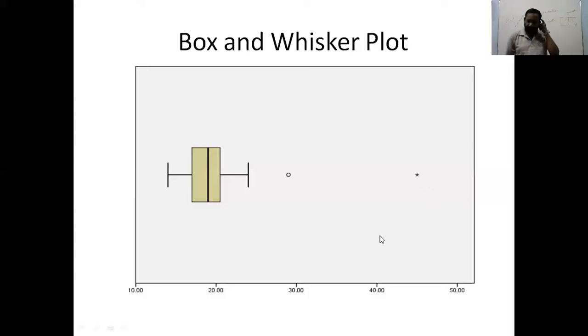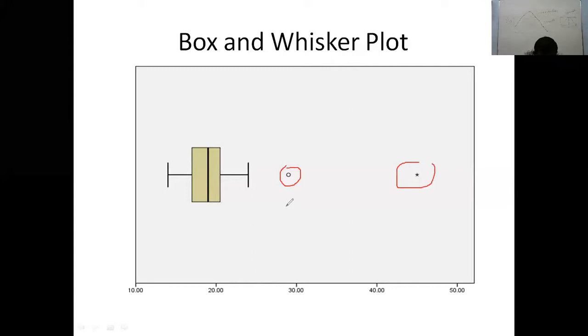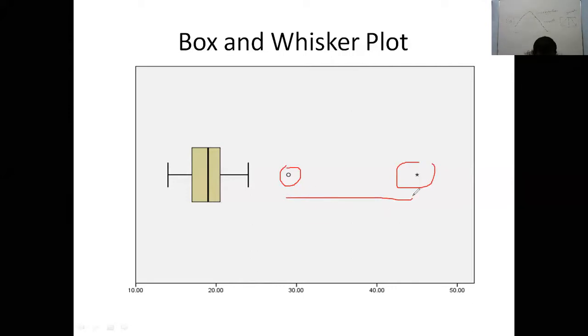Right, this is the box and whisker plot. As I pointed out earlier, we have outliers, right? How do we define outliers? The values which are not behaving with the group, basically. So this is an outlier, this is an outlier. You see how far these outliers are deviated from each other.